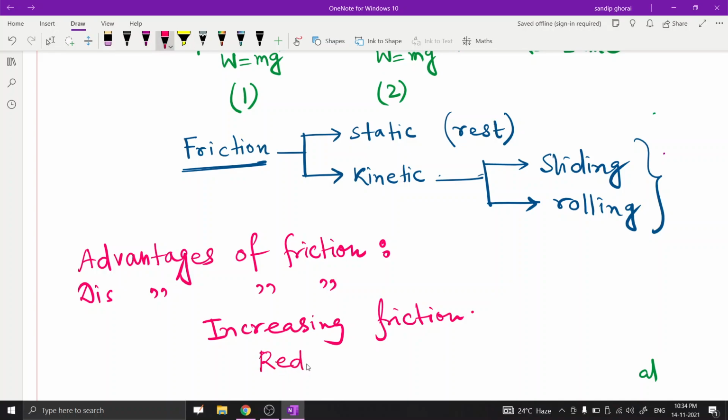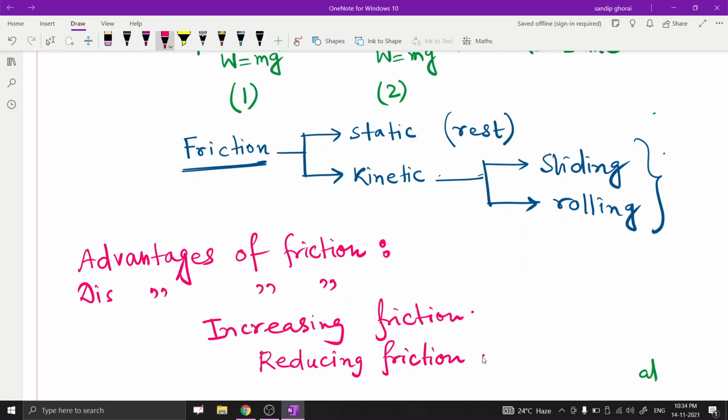So in this way we have to use frictional force. This is the end of today's class.